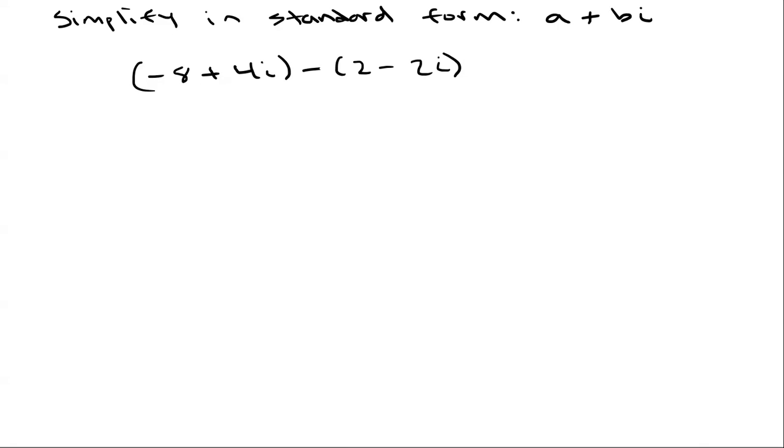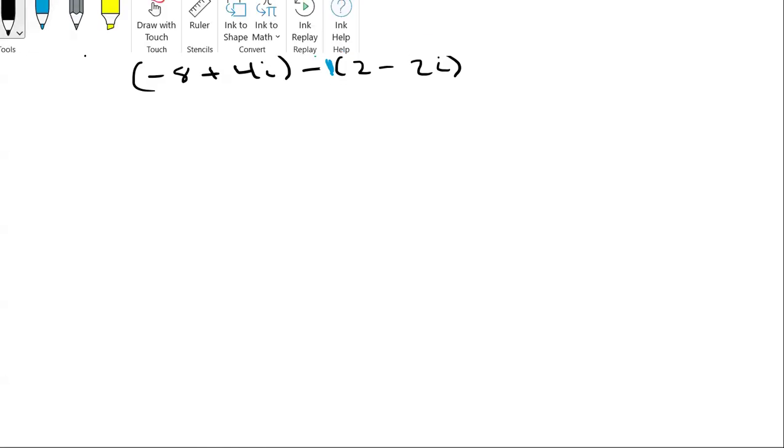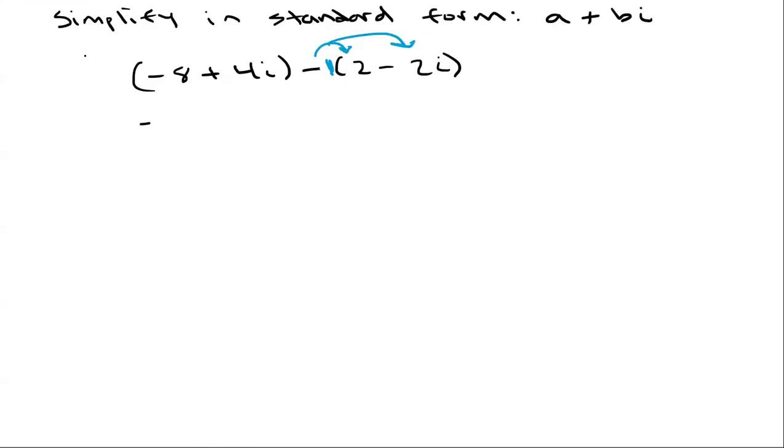Particularly here we have a negative in the middle, so there's a -1 there. That means we're going to distribute that to each term. So this becomes -8 plus 4i minus 2 plus 2i. Make sure you distribute that negative.